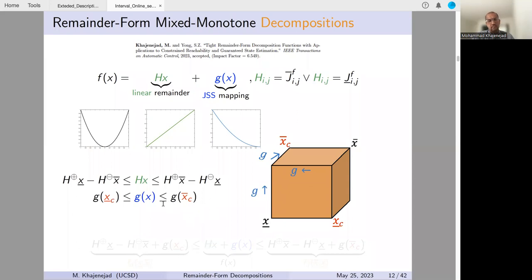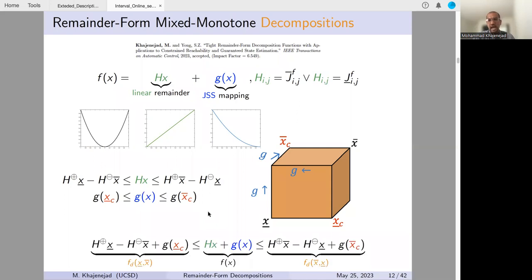Since it is monotone in each dimension, it is easy to see that the maximal and minimal values of this G over this interval domain will be attained at some of the vertices. So with this we can find bounds for this linear remainder and also this JSS mapping separately without any need to solve any optimization problems.